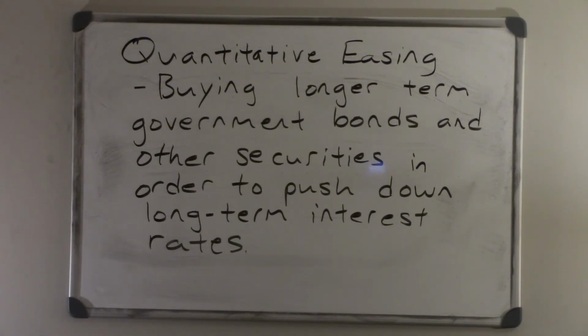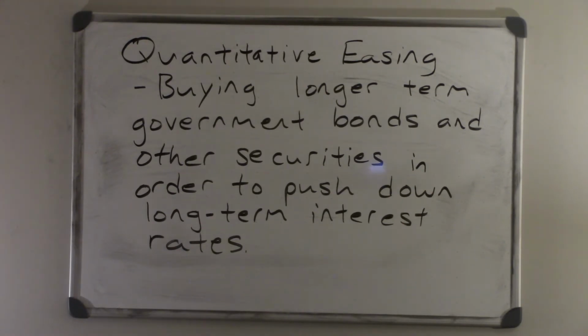In terms of bond length, this is the 10 to 30 year range, so a good little ways away. But that is what quantitative easing is. They're trying to push down those long-term interest rates by buying longer-term government bonds and/or other securities.